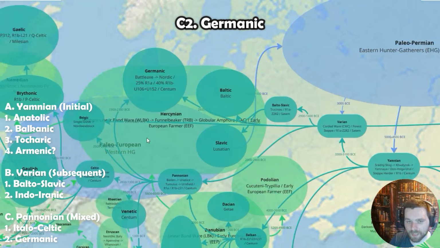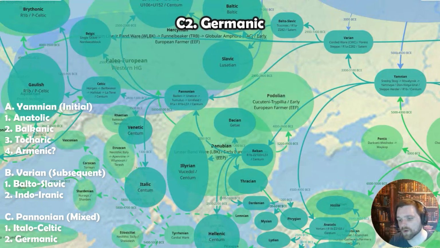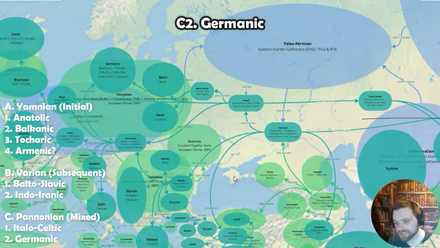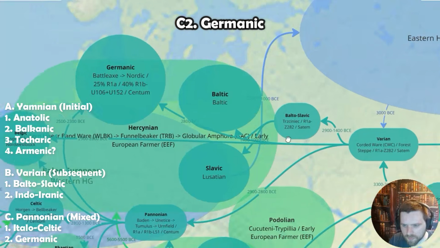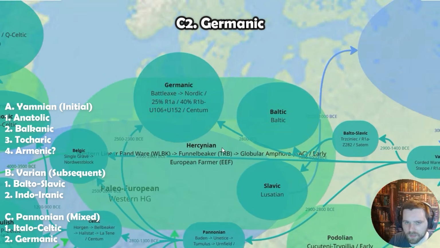Whereas obviously Germanic and all these other languages are so far away from the Scythian influence that they didn't adopt this fad. So that's probably true for that, but nonetheless we're seeing a pattern here.